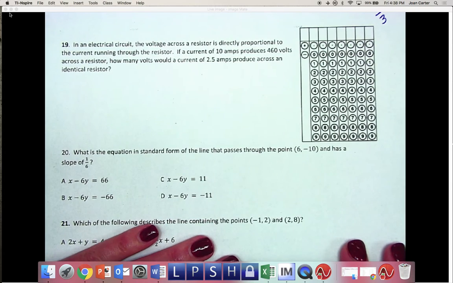Okay. In an electrical circuit, the voltage across the resistor is directly proportional to the current running through the resistor. If the current of 10 amps produces 460 volts across the resistor, how many volts would a current of 2.5 amps produce across an identical resistor?